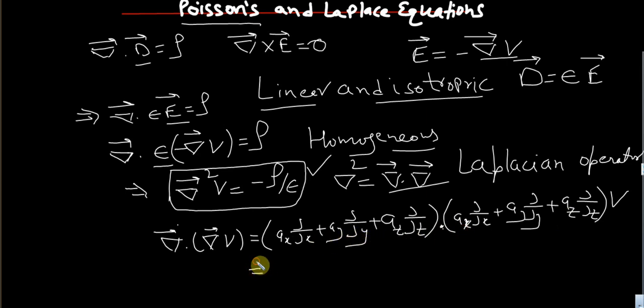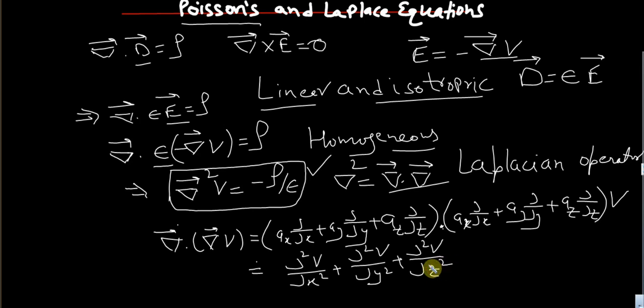So we will get del square V by del x square plus del square V by del y square plus del square V by del z square, and that will be equal to minus rho by epsilon.